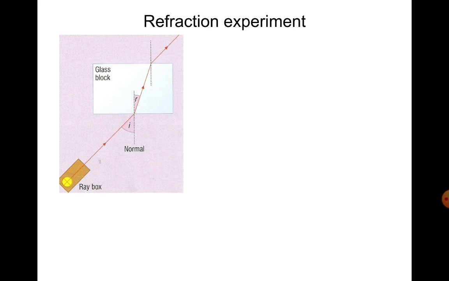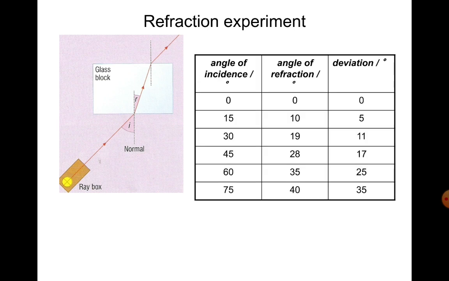Again, look carefully at the picture and you will see that the line that is coming out is parallel to the line that is coming inside the glass block. So you can do your measurements using different angles, and you need to measure the angle of incidence.